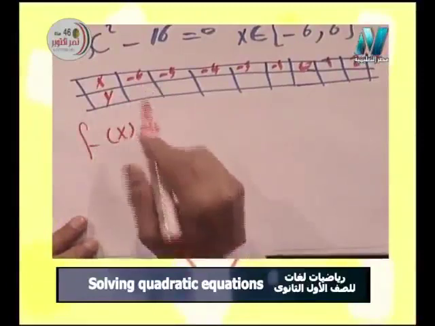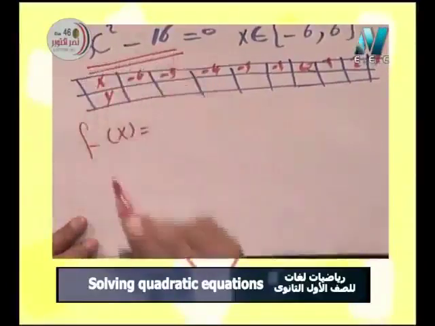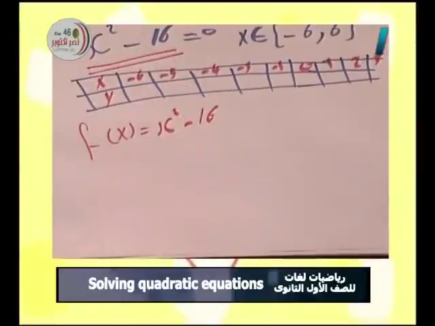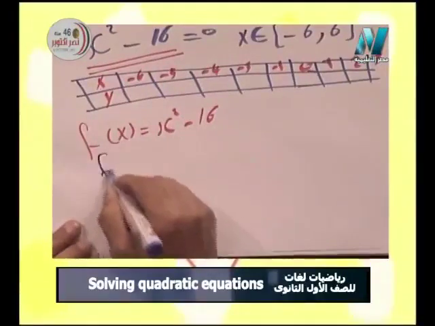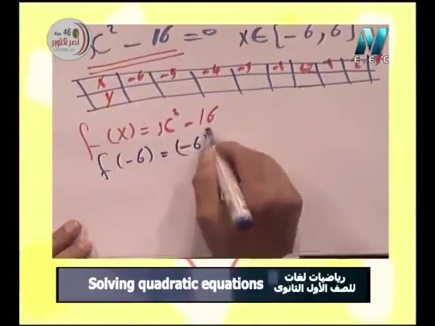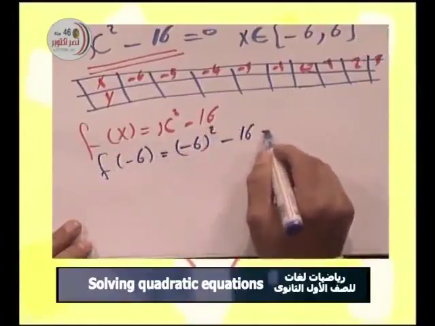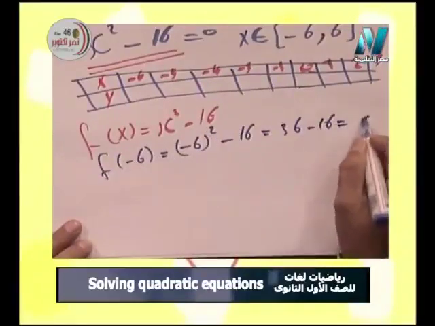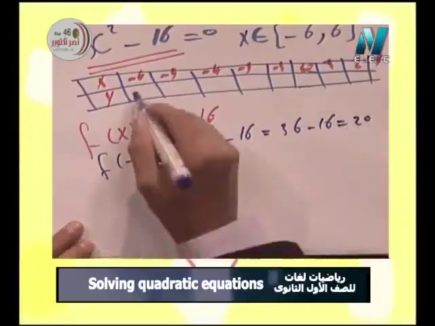We write it equal this equation, x power 2 minus 16. When we put x equal negative 6, f of negative 6 equals negative 6 power 2 minus 16 equals 36 minus 16 equals 20.